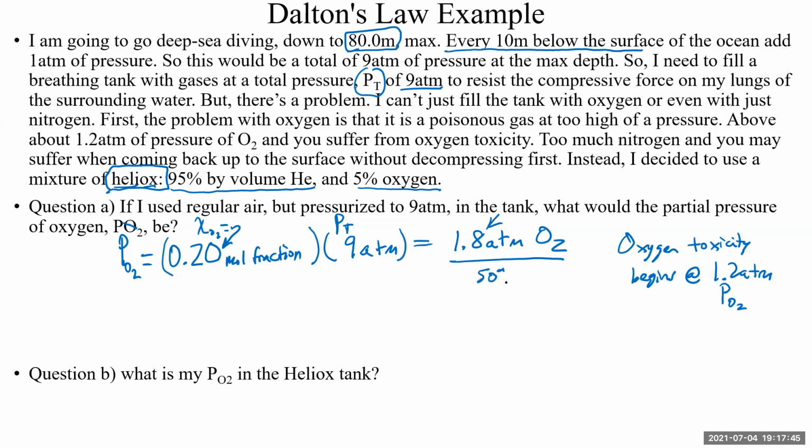This is 50% above the minimum toxic level. You go in with this, you're going to get sick and possibly die. So you don't want to do that. So instead, what you're going to want to do is use some other gas mixture that contains mostly inert helium.